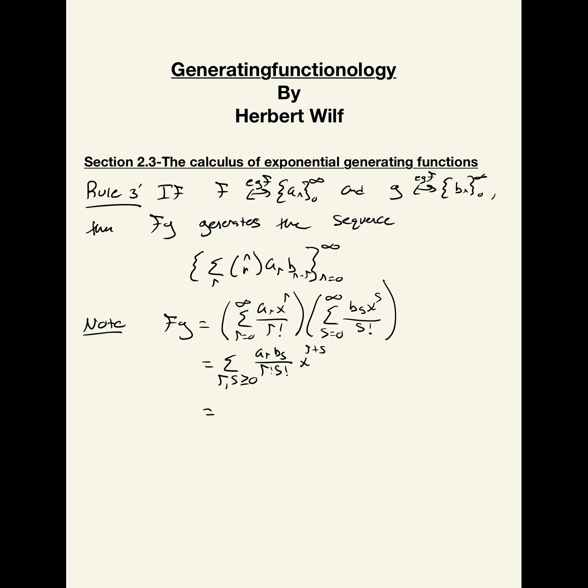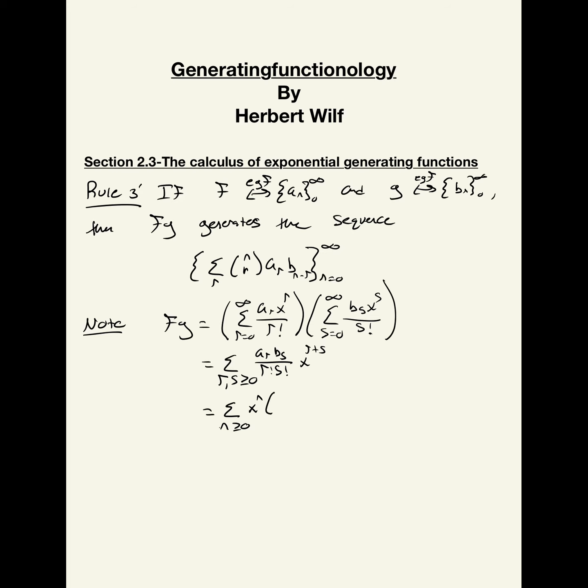But we can actually group some of these terms together, right? If we range over some n, at any fixed integer n, if we wanted to collect all of the like terms that are on x to the n, what are they going to look like? They're going to look like the terms where this r and this s add up to n. So it's really just the fact that we need the r and the s to add up to n, and that will collect all the like terms.